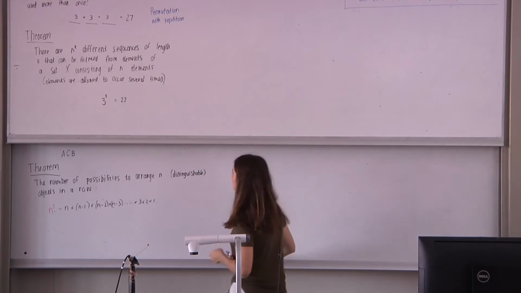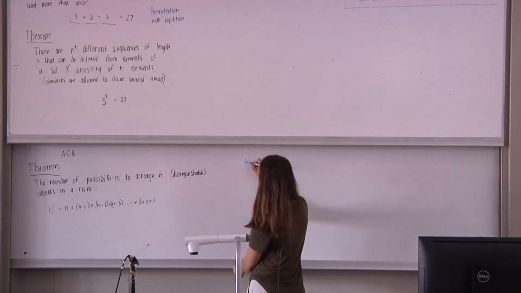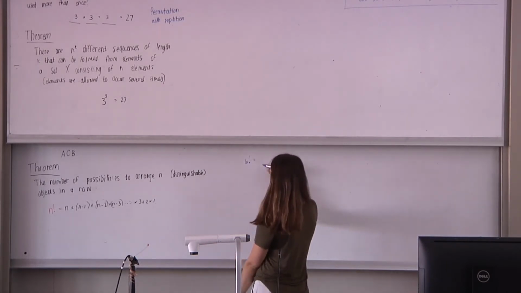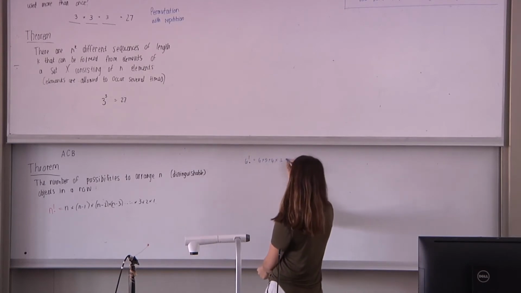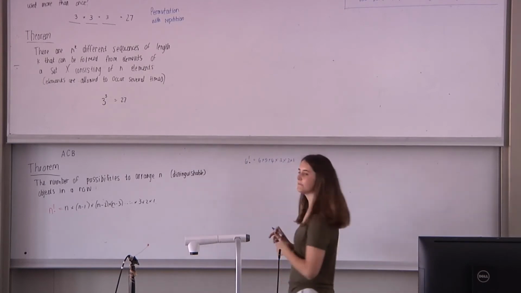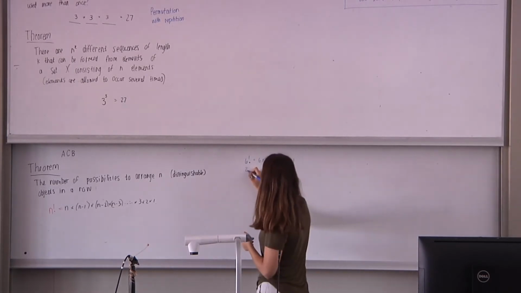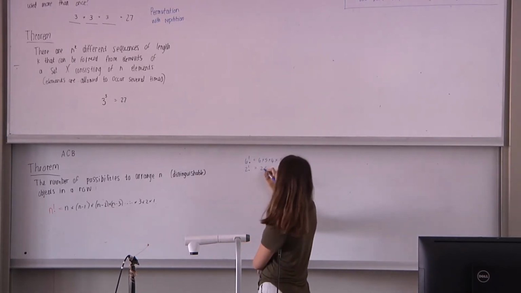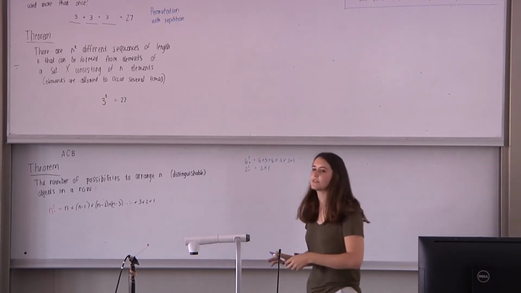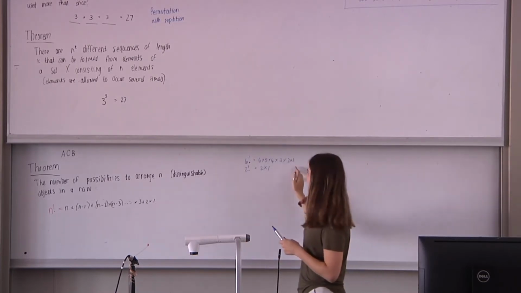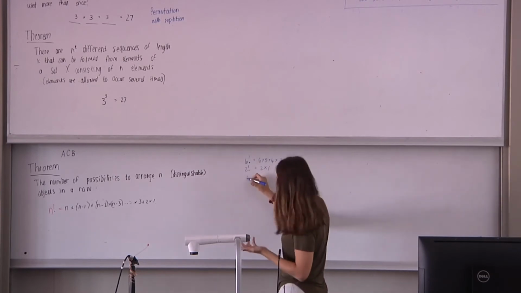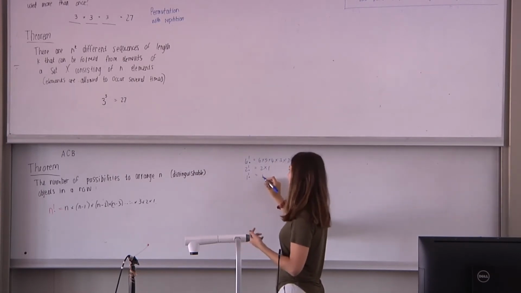So if we take a few other examples, 6 factorial is equal to 6 times 5 times 4 times 3 times 2 times 1. 2 factorial is 2 times 1. 100 factorial is 100 times 99 and so on until you reach 1. 1 factorial would be 1.